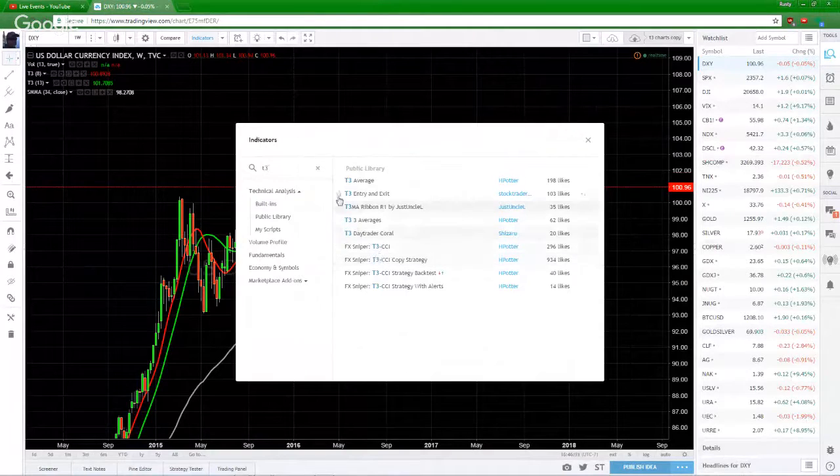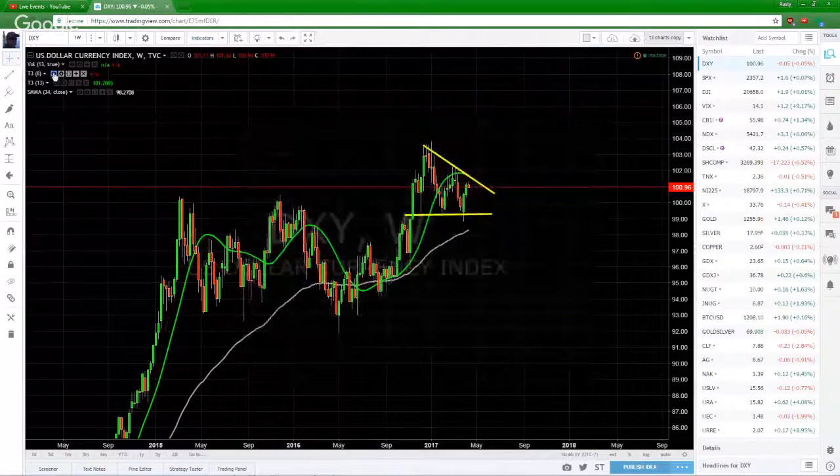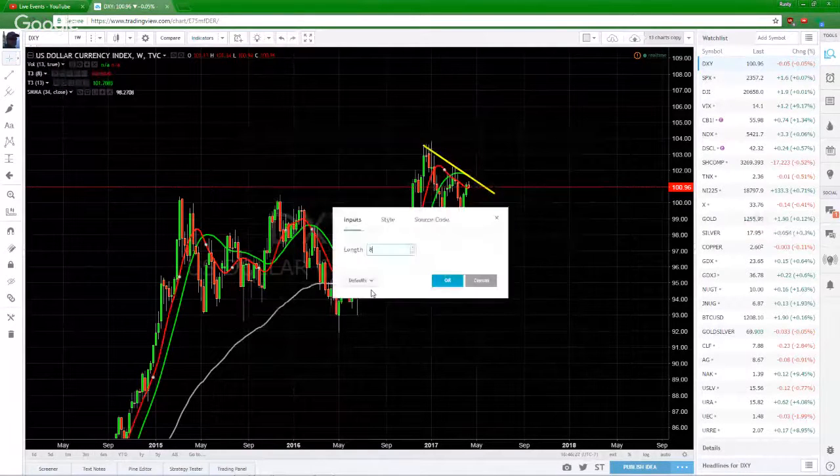All that a T3 is, is an exponential moving average. I'm using the 8 and the 13 on the T3s. So yeah, I'm just using the 8.